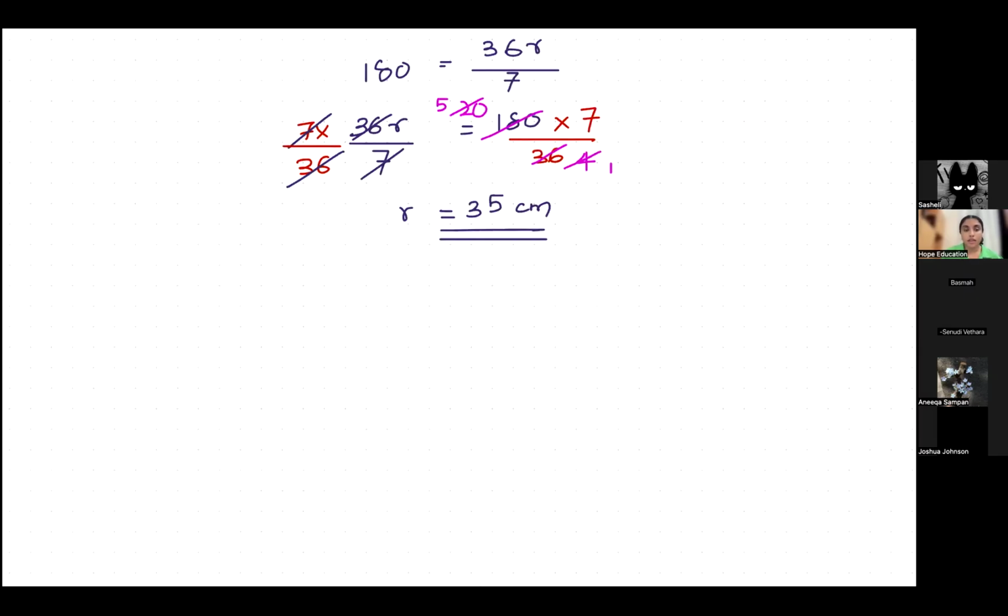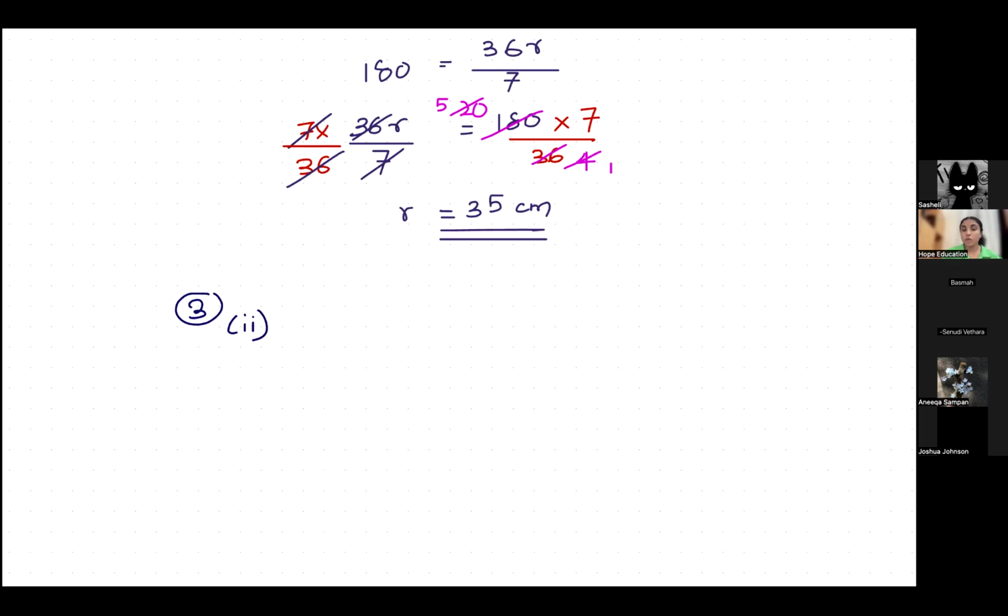In the third one, I gave you Roman number 2, right? Let's see what the question says. Find the angle at the center of the sector when the perimeter is 53 centimeters and radius is 21 centimeters.